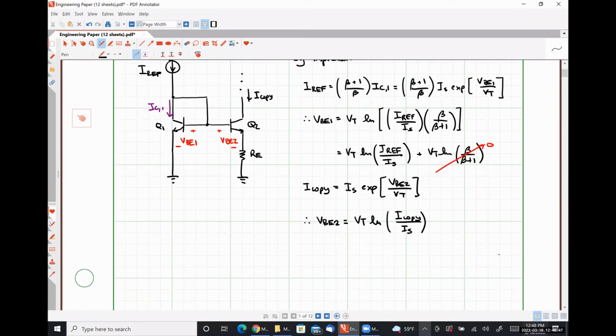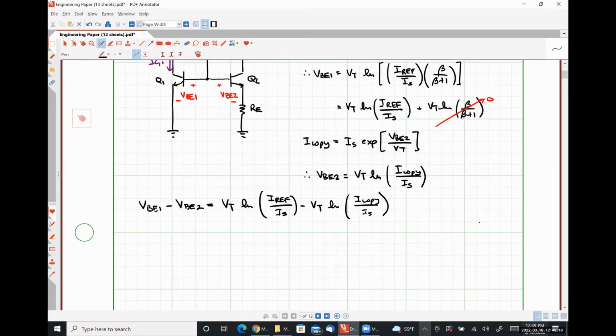So VBE1 minus VBE2 is going to give us VT natural log of IREF over IS minus VT natural log of I copy over IS, which simplifies to VT natural log of IREF over I copy.